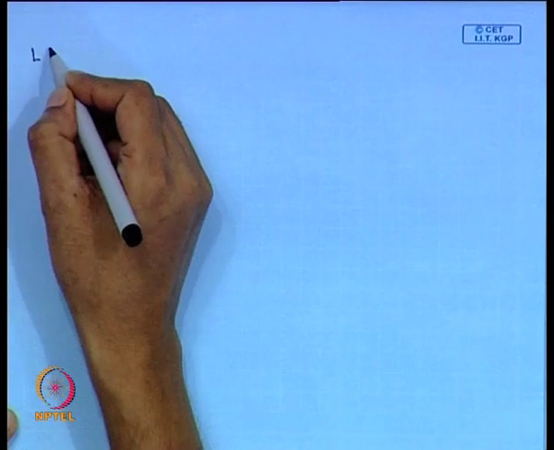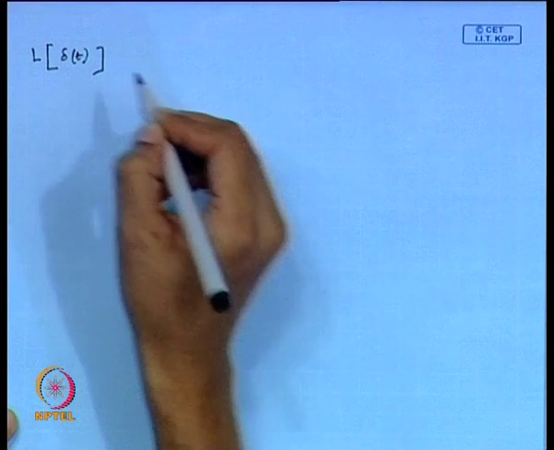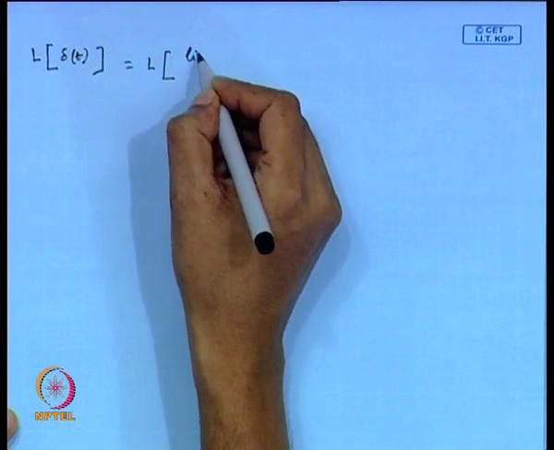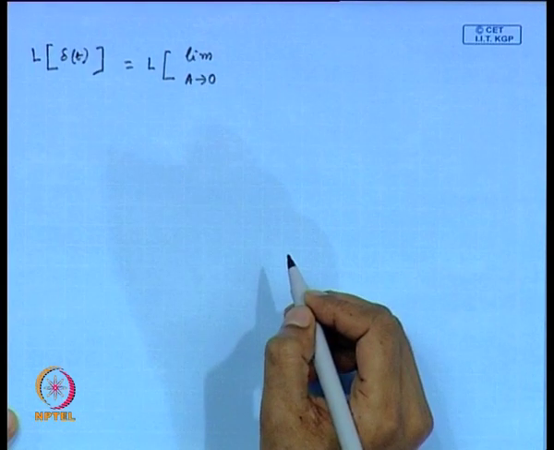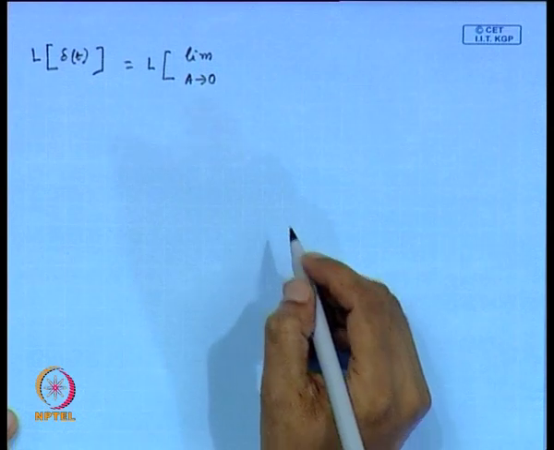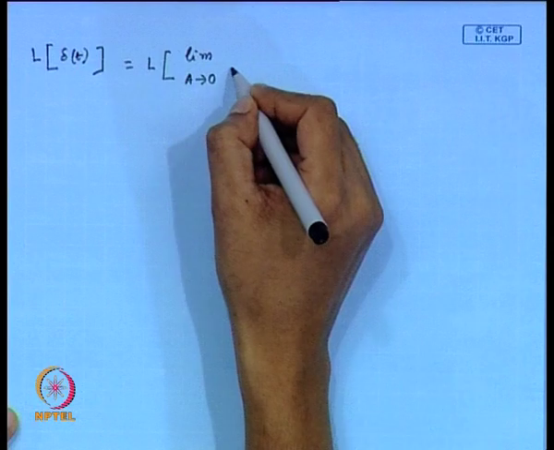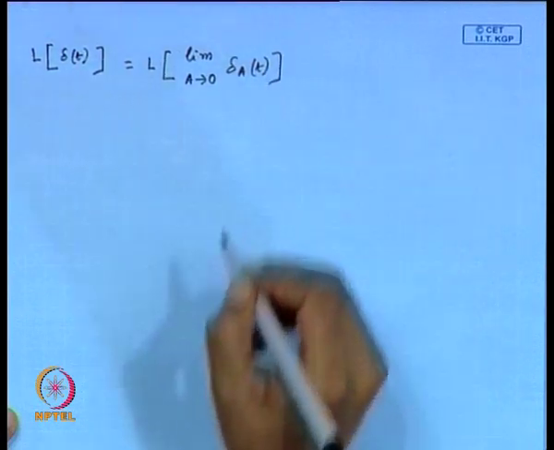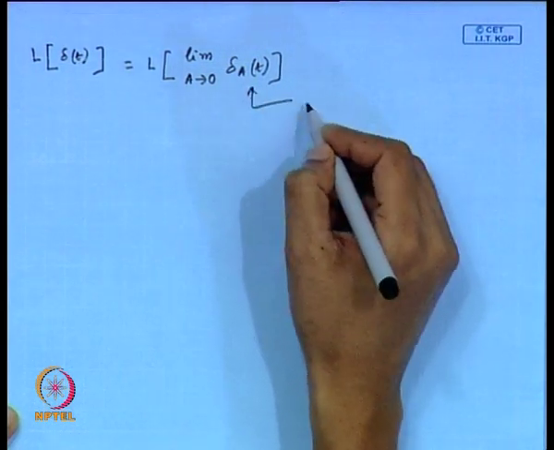The Laplace transform of del(t) equals the Laplace transform of the unit pulse function in the limit a tends to 0.